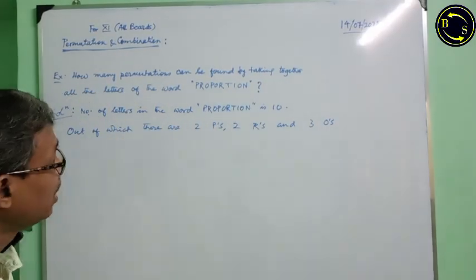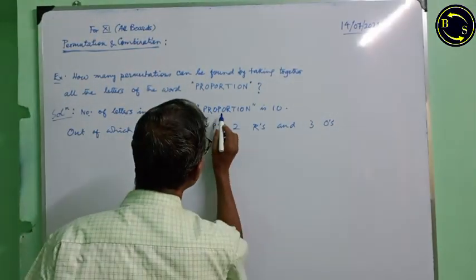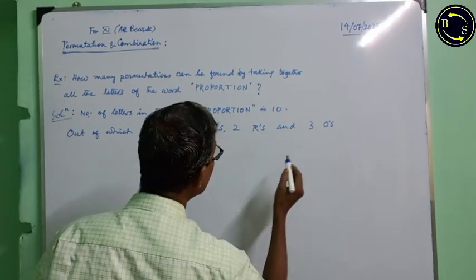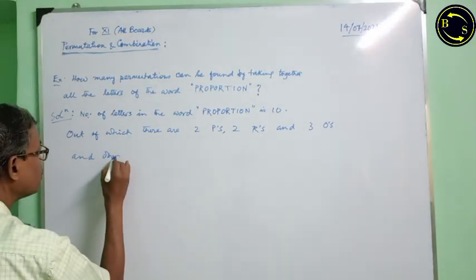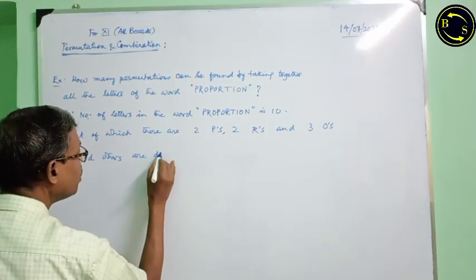You see, two P's, two R's and three O's, and the others are different.